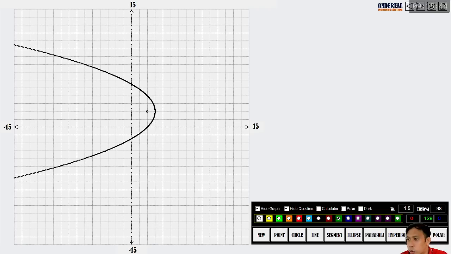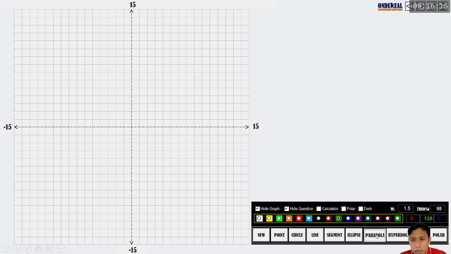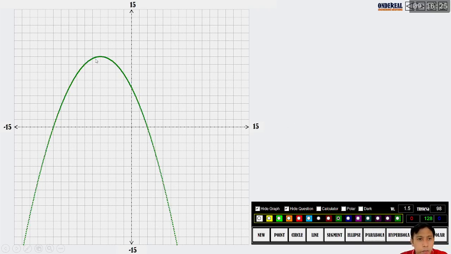It opens downward, and its p is 1. Downward. This should be the parabola. Don't mind the black. I can just delete all this so I can repeat: again, negative 4, 9, p is 1, downward. So this is the graph.